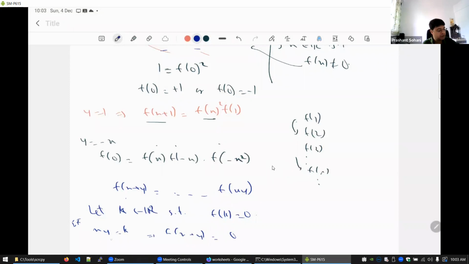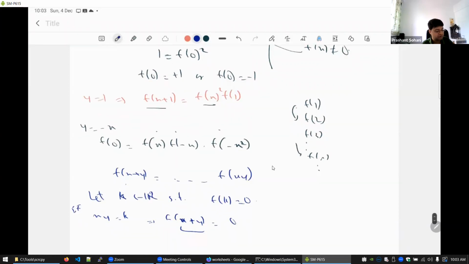And how many such xy can exist whose product is equal to k? Infinite. And for each of those values of xy, there will be some value of x plus y, right, corresponding. So we have shown that if f is 0 at some one point, it can be shown to be 0 at infinitely many other points. Do you see that connection?